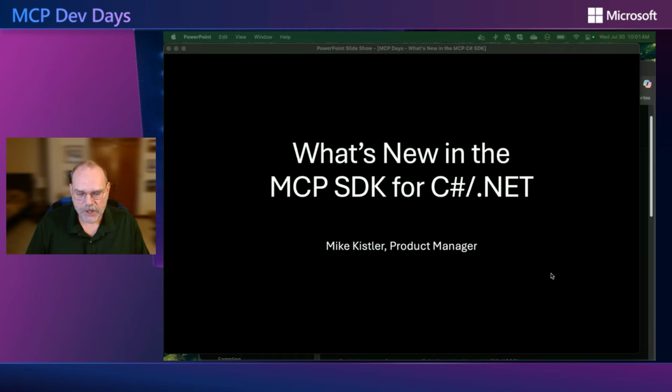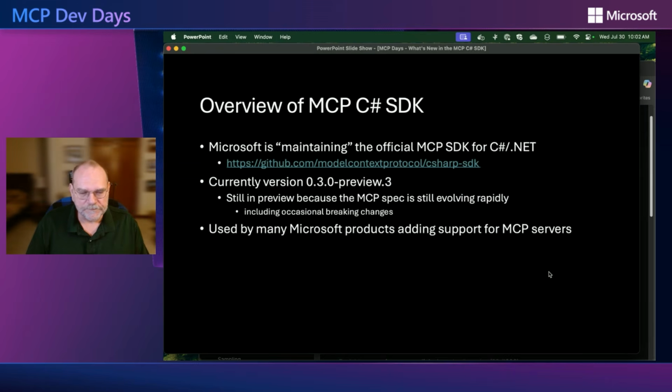So just to start, the MCP C# SDK is an SDK for MCP that Microsoft is maintaining. It's the official MCP C# SDK, which means that it lives in the Model Context Protocol GitHub org in the repo called csharp-sdk. It's currently version 0.3.0 preview 3.